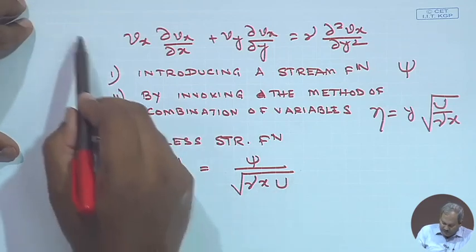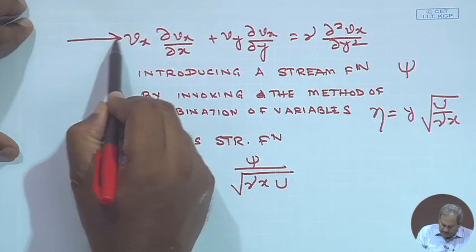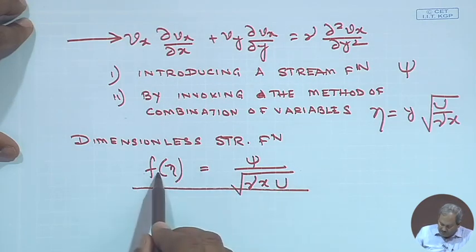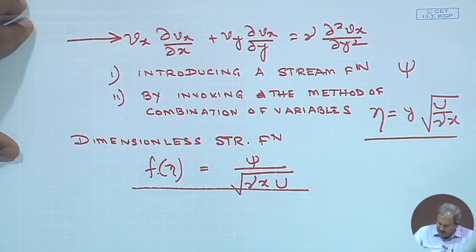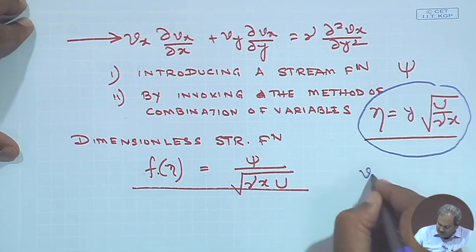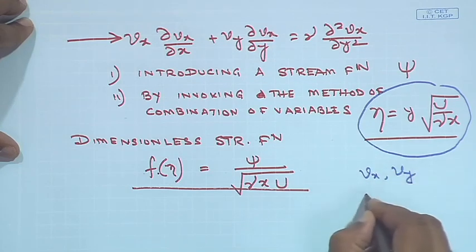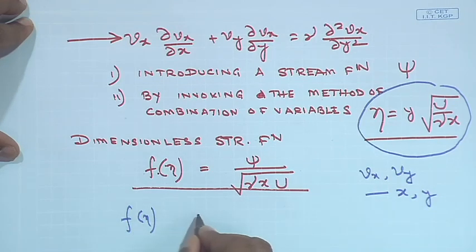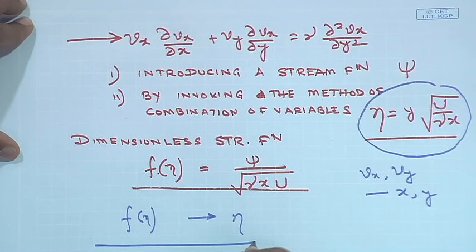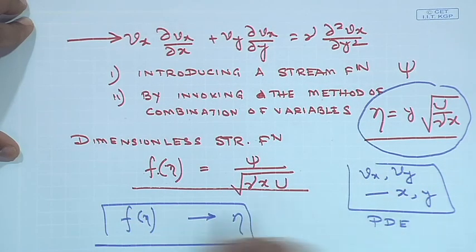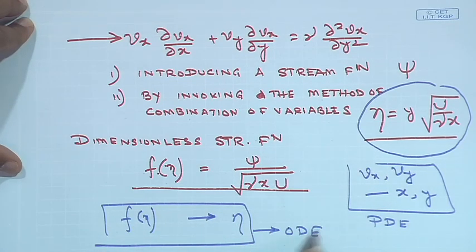So, next what remains is to convert the governing equation in terms of the stream function and the new independent variable eta. So, instead of Vx, Vy as functions of x and y, I need to have f of eta as a function only of eta. If I can do that, this gives rise to a PDE, but since f of eta is a function only of eta, this will give rise to an ODE.